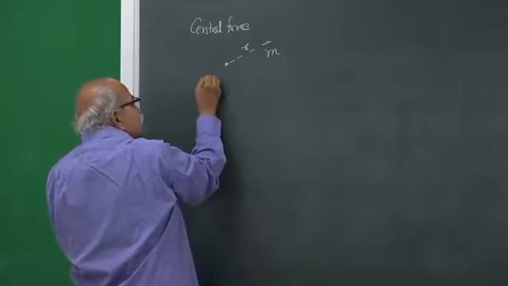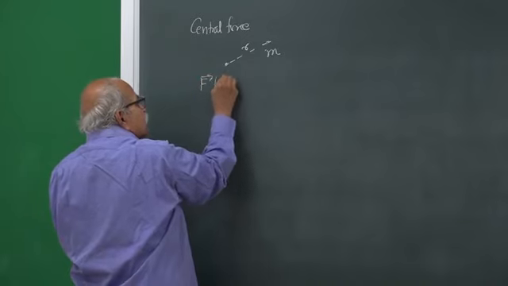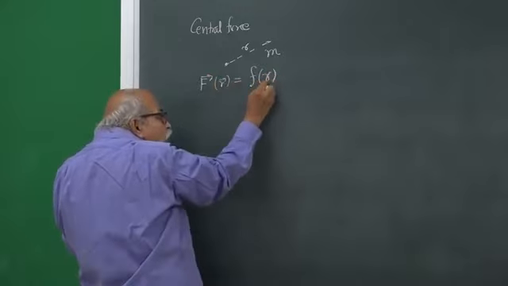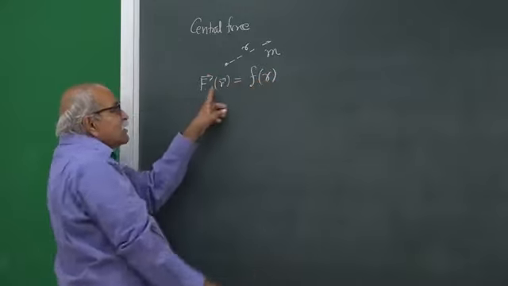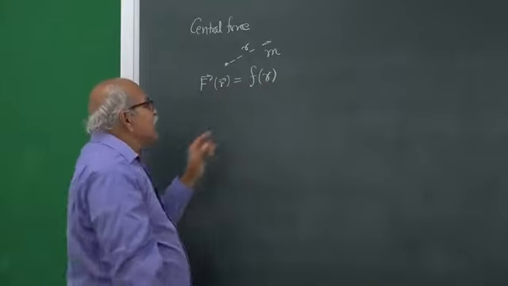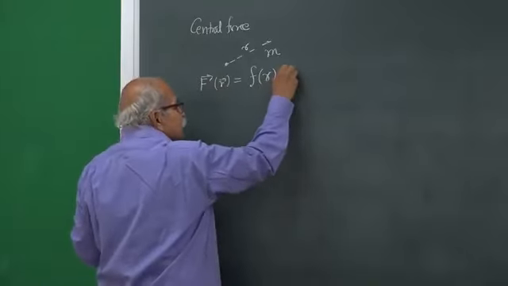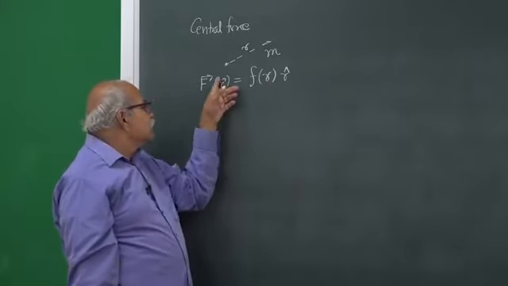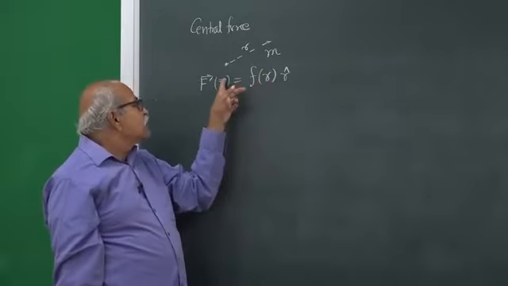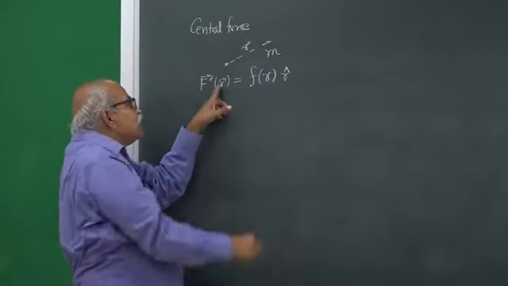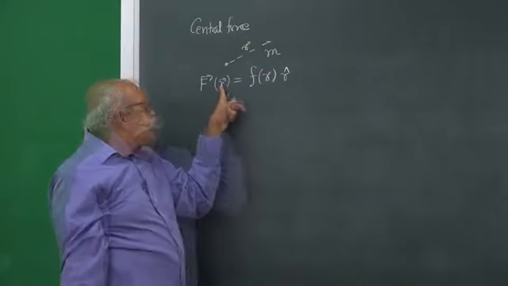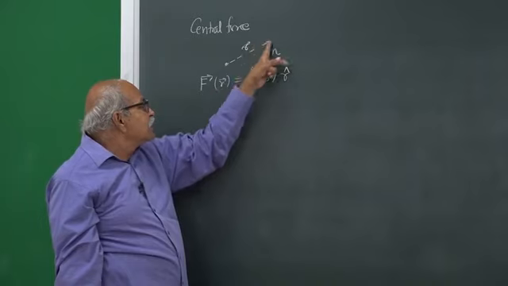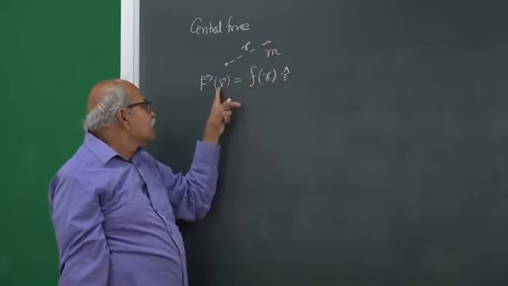So, I can write for central force F at r is equal to some function of r without vector. Okay? Here r is with vector, here r is without vector, and then r cap. What is r cap? Just tell. First, let us see what is this r vector and what is this r. R vector is, as usual, position vector of the particle at time t. So, at time t, the particle is somewhere and I join the origin and the particle, and that vector is this r vector.